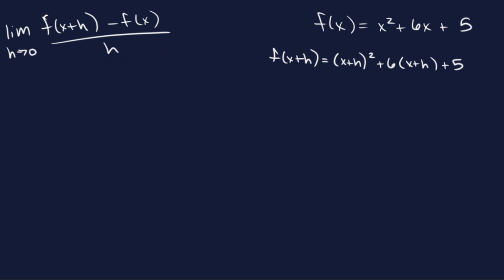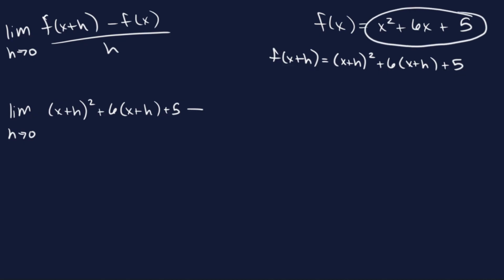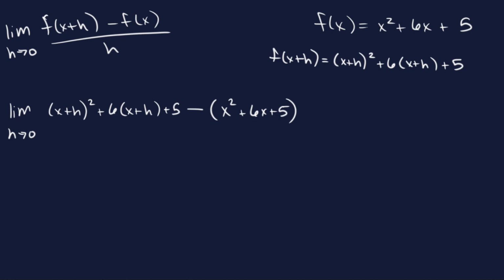It will be the limit as h approaches 0 of x plus h squared plus 6 times x plus h plus 5 minus f of x, which is this entire thing. So we have to write it as minus parentheses x squared plus 6x plus 5. Because you're subtracting the entire thing, you need to put it in a set of parentheses. And then over h.